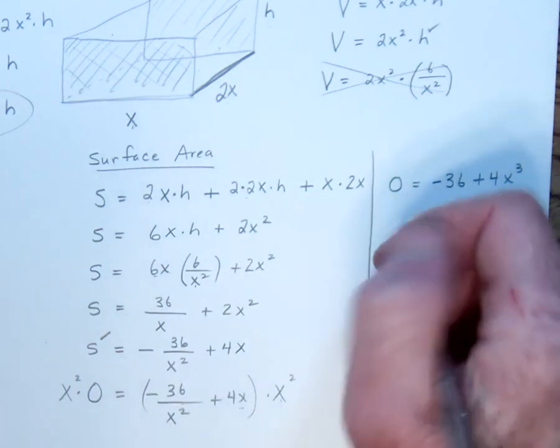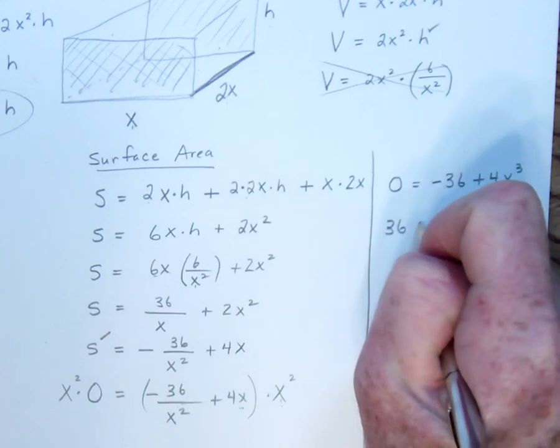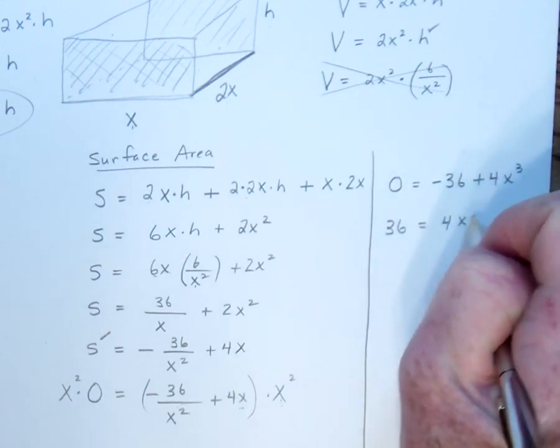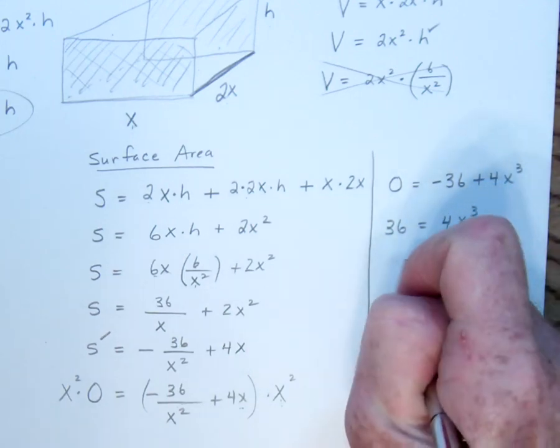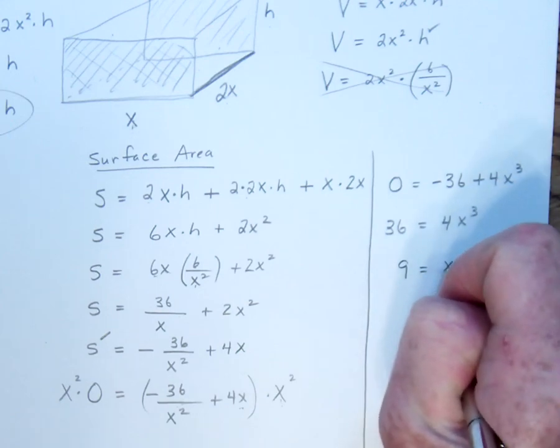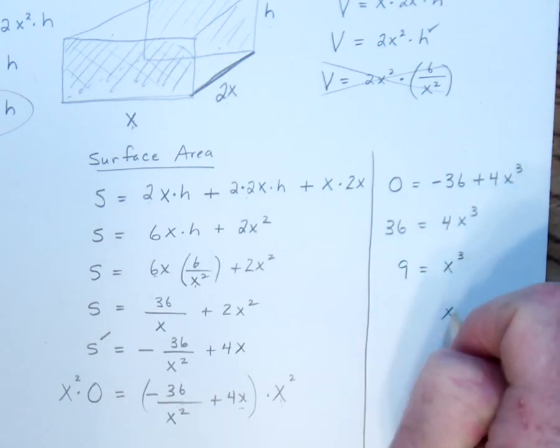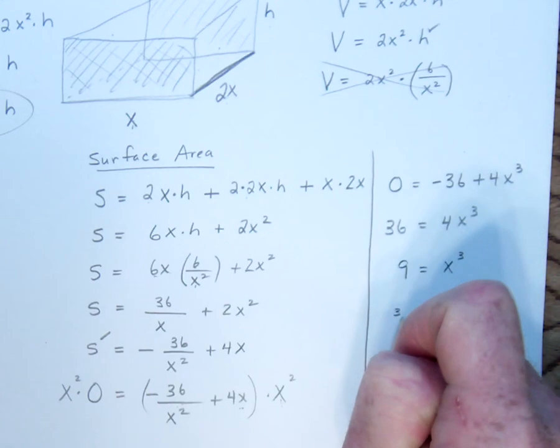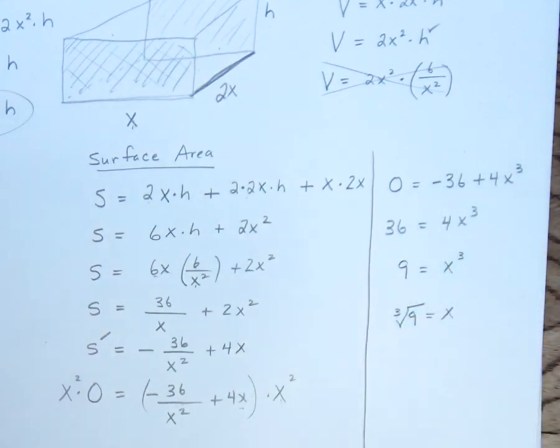Then you could take this to the other side, it'll become positive 36. And then divide by 4 to get 9. And then take the cube root. You could use your calculator if you want a decimal for the cube root of 9.